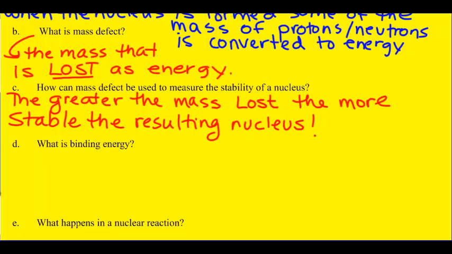So the greater the mass lost, the more stable the resulting nucleus. And the reason for that is the energy that's lost is equal to the energy that you have to put back in to break apart the nucleus.